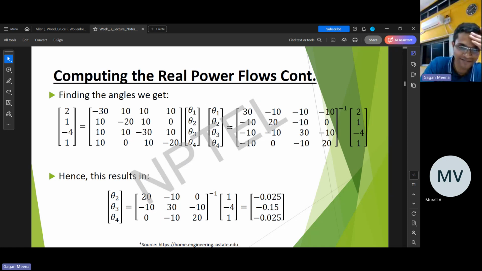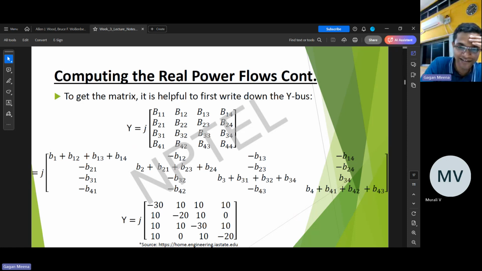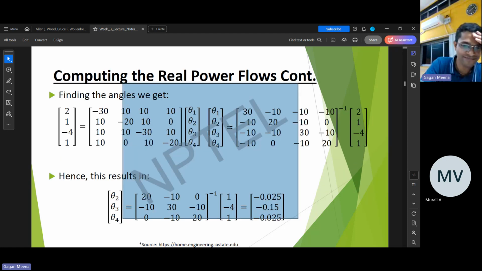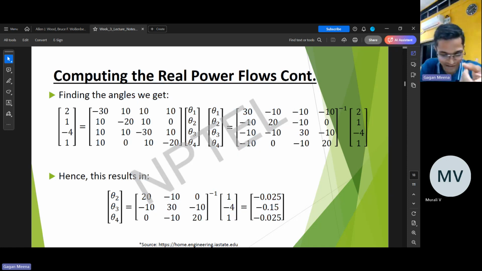Actually, the problem is we cannot directly use this Y bus here. It is the negative of that. The B matrix which we use in DC OPF and DC power flow, that B dash, is the negative of the B matrix from the Y bus.